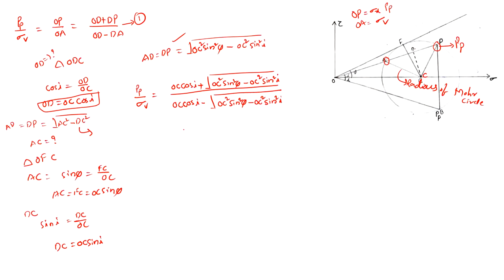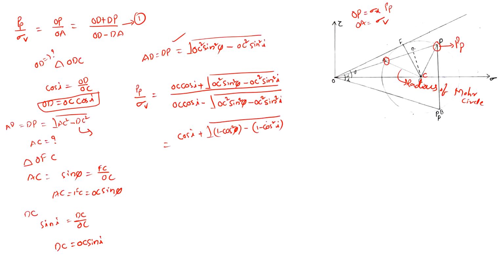In the previous derivation we had minus in the numerator and plus in the denominator, but here vice versa: the numerator gets the plus symbol and the denominator gets minus. In this way also OC is common and it will cancel, as well as cos i plus root over; instead of sin square phi, I will write 1 minus cos square phi.